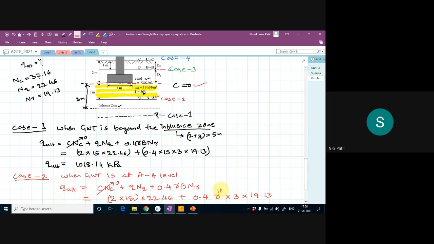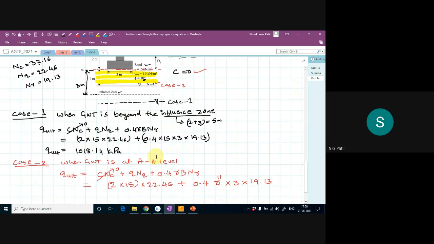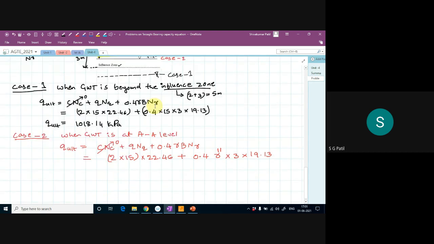Now for this gamma, I have to take the weighted effective weight. How to get that weighted effective weight? You remember the case number in our discussion. I think it is the third case, right? If the water table is fluctuating between your footing level and your influence zone, then that is my third case. So for the third case, how will you calculate this unit weight?